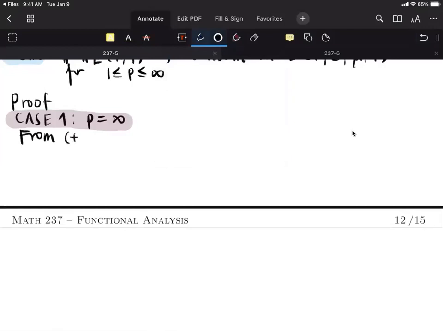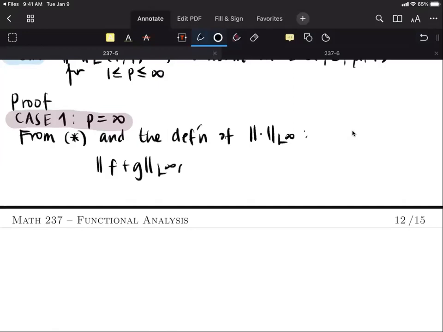From asterisk and the definition of the essential supremum, we can already obtain that the value of the sum under this function is less than or equal to the sum of the corresponding values.